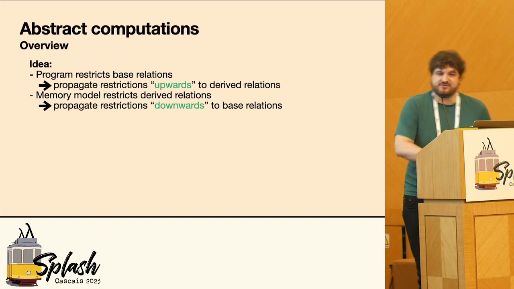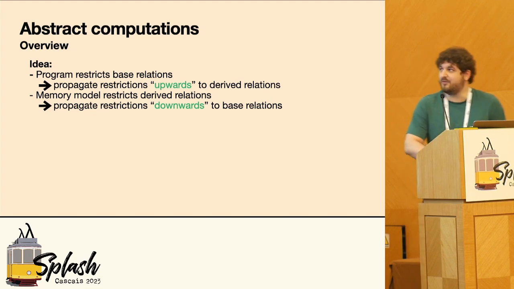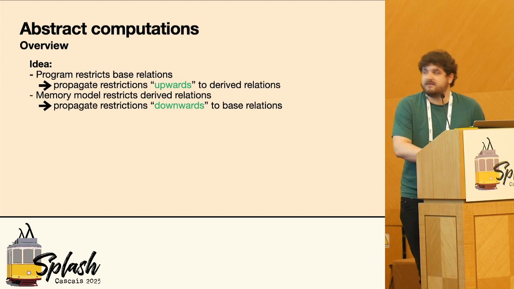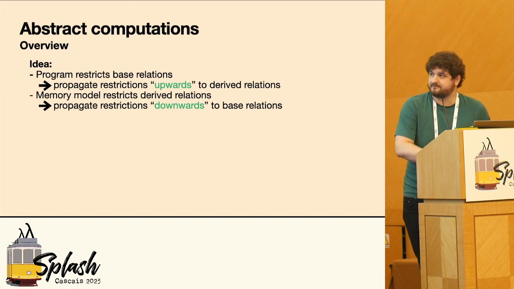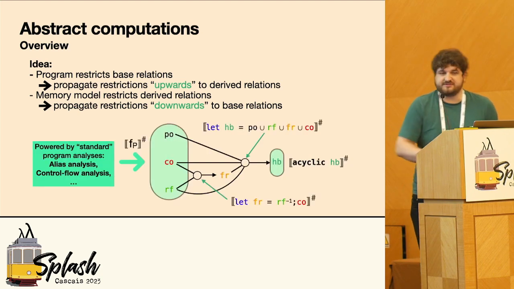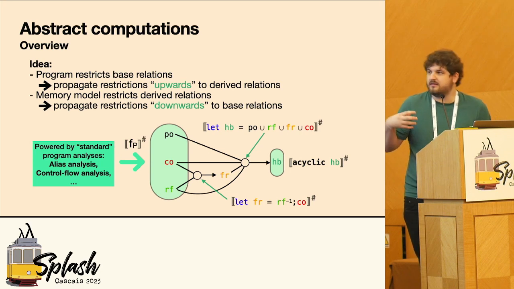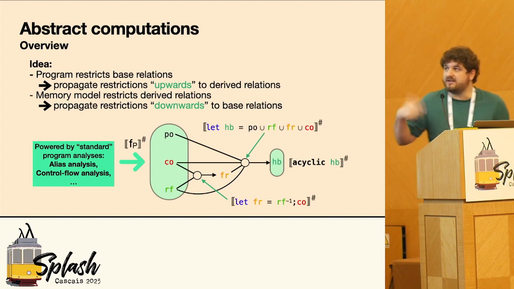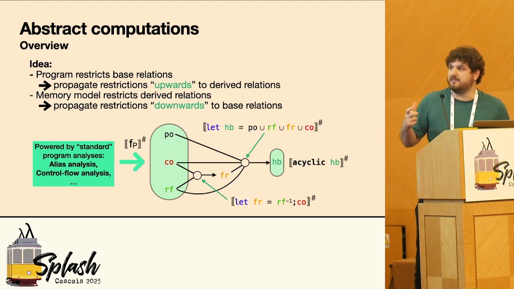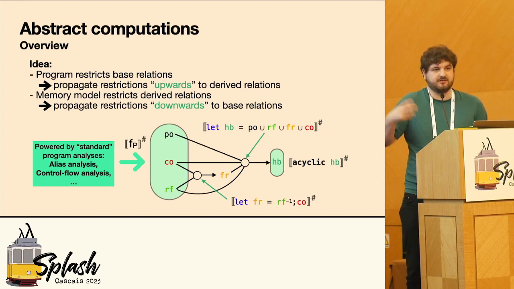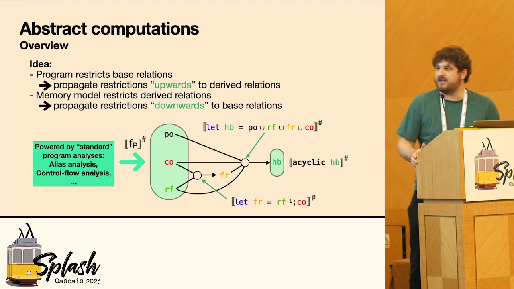Now let's look at abstract computations. We have our domain, and now we want to compute things. The idea is that the program restricts the base relations, because a read from X can only read a value from a store to X, but not from a store to Y. So you can exploit alias information to get information about the bounds on the read-from relation.